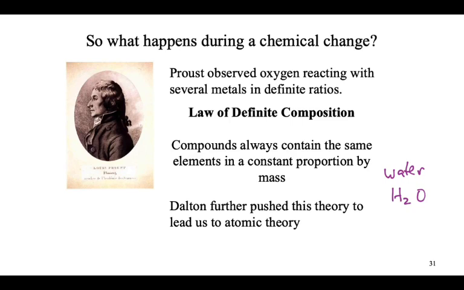For every 50 grams of water, you'll have exact amounts of hydrogen and oxygen. If we had 50 grams of water, we would know exactly how much hydrogen and oxygen. What is that exact amount? There's no way I would be able to figure out the mass ratio between hydrogen and oxygen in this. 2 to 1.